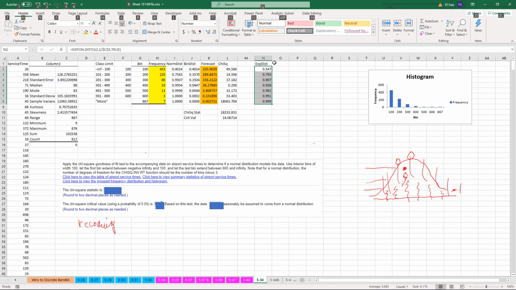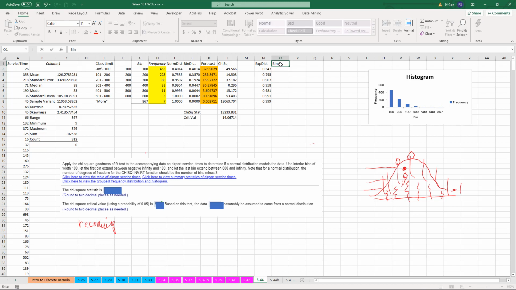Just like before, that's a probability, so we're going to figure out the forecast bin distribution, like what it should be from this prediction, equal to that times the number of items, and we lock that down.